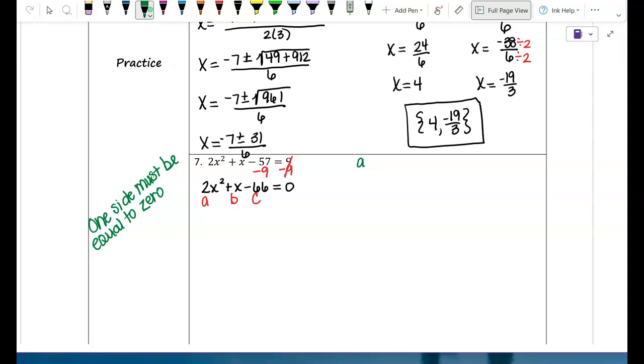Now I can go in and take care of that. So in this case, A equals 2, B equals 1, and C equals negative 66.